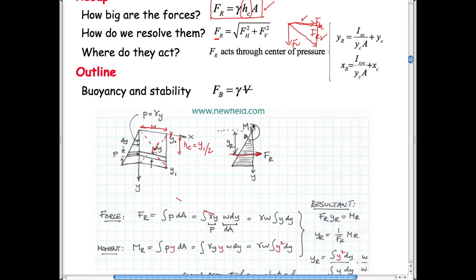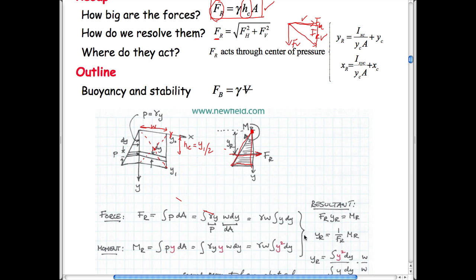What we can do is take moments about a point. We have this pressure distribution here, which is this area here. If we integrate that, we get FR, which is given by this magnitude here. What we'd like to do now is find out exactly where it acts. We could take moments about any point, it doesn't matter where. Just for convenience, let's take moments about the surface in this particular case.